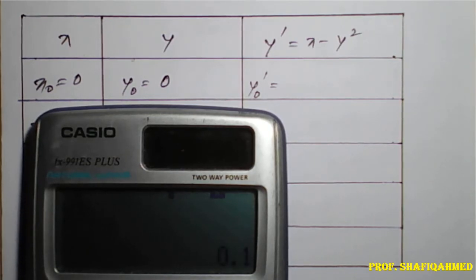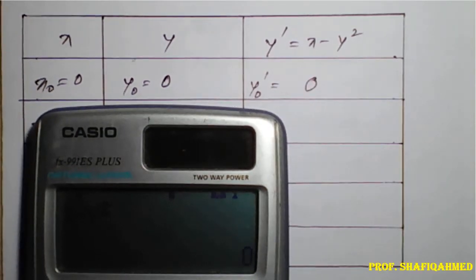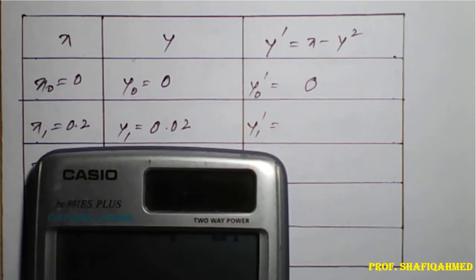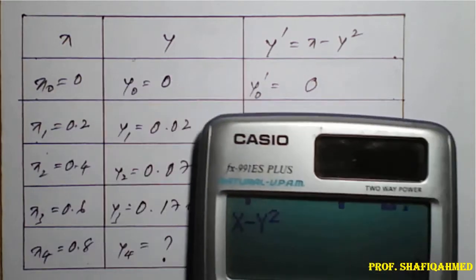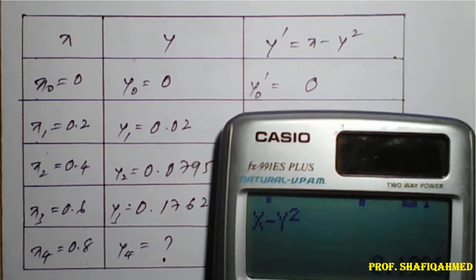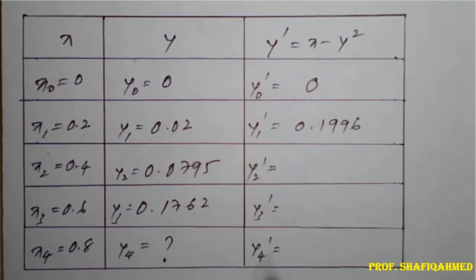Use the calc option. When x is 0, y is 0, the answer is 0. Mention it here. Then the next value. When x is 0.2 and y is 0.02, using the calc option, the y dash value will be 0.1996.